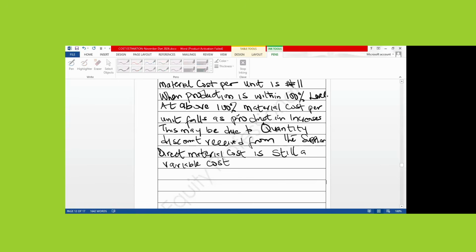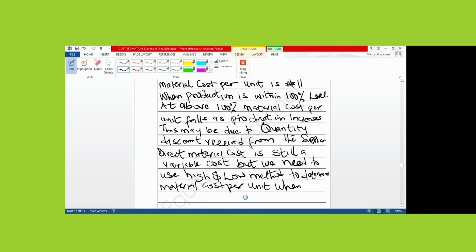But we need to use the high and low method to determine material cost per unit when production is above 100%.